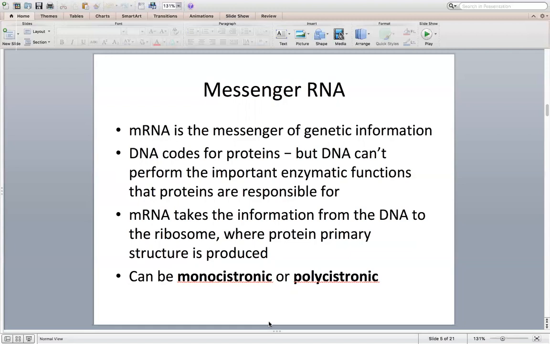However, after the mRNA is synthesized, which occurs in the nucleus, it can undergo a series of what's known as post-transcriptional modifications. Those, as the name implies, occur after transcription. And mRNA is the only type of RNA that contains information that then gets translated into proteins.